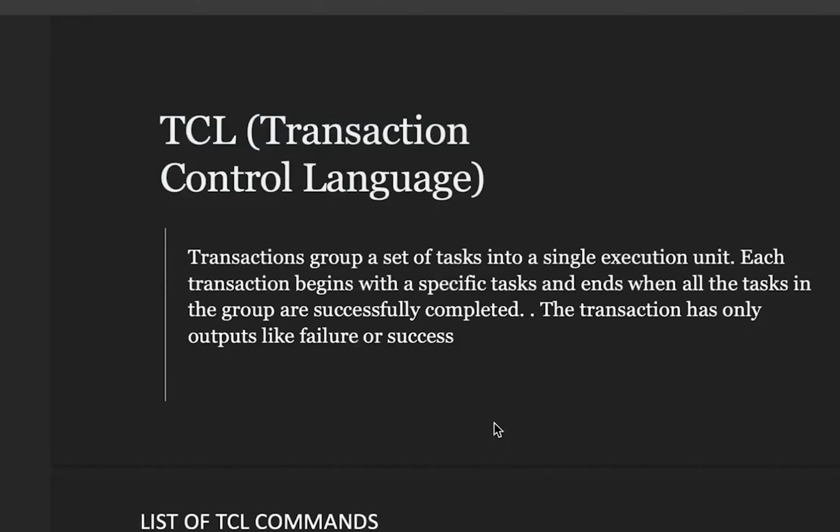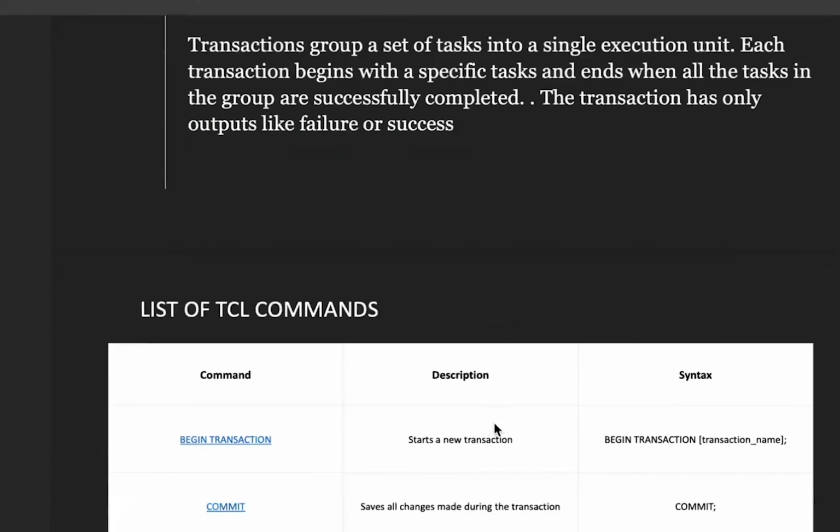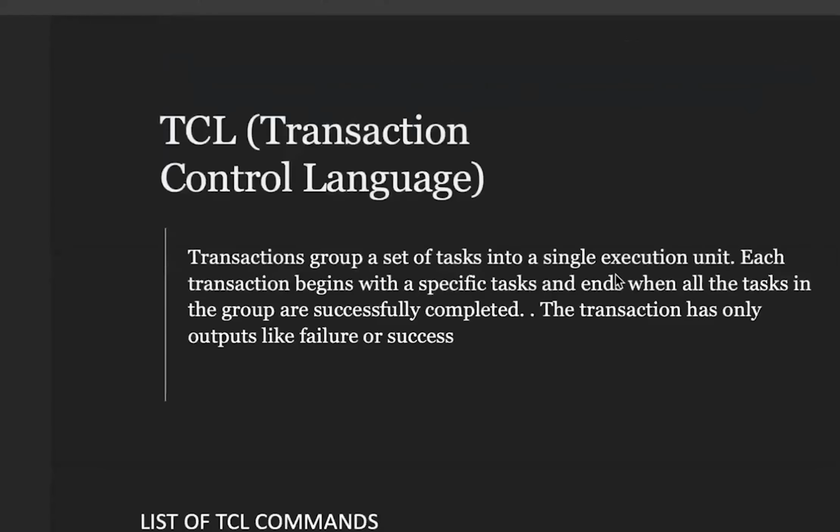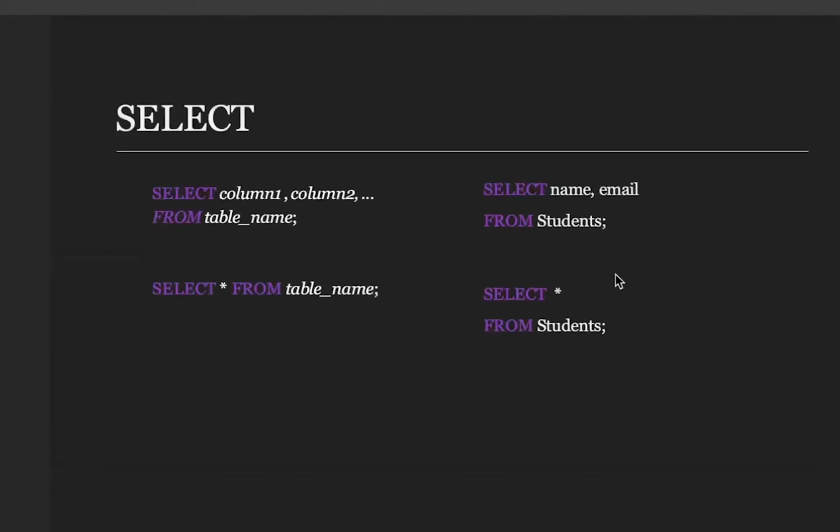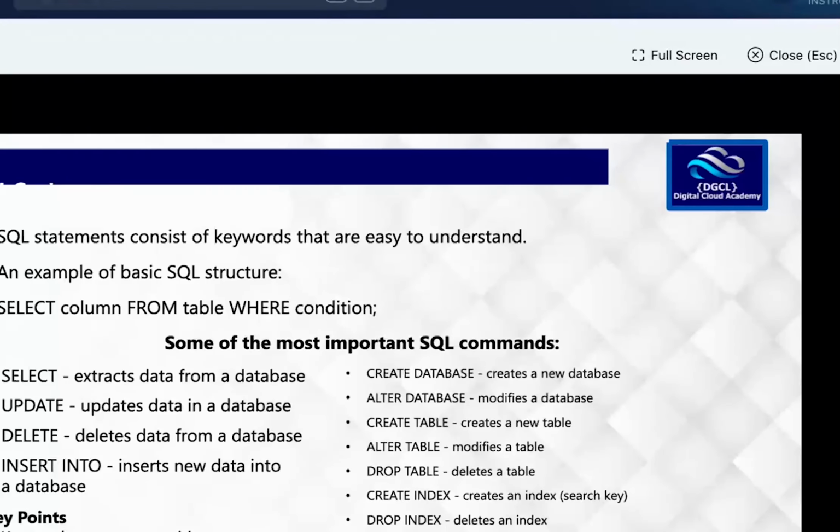This is mainly for starting a new transaction, but I think this is kind of advanced. So let's go back to our normal slide. You can see from here we have select. From what we said earlier, select is what? Data query language.